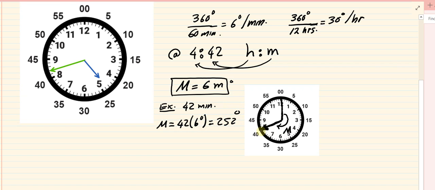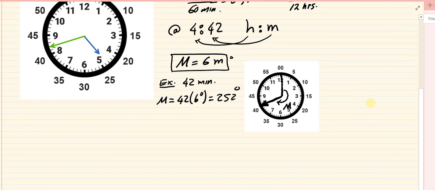Now, it's easy to determine the measure of the angle for the minute hand, because in reference to 12 o'clock or 0 minutes, it's fairly straightforward. You just count the number of minutes times degrees per minute.